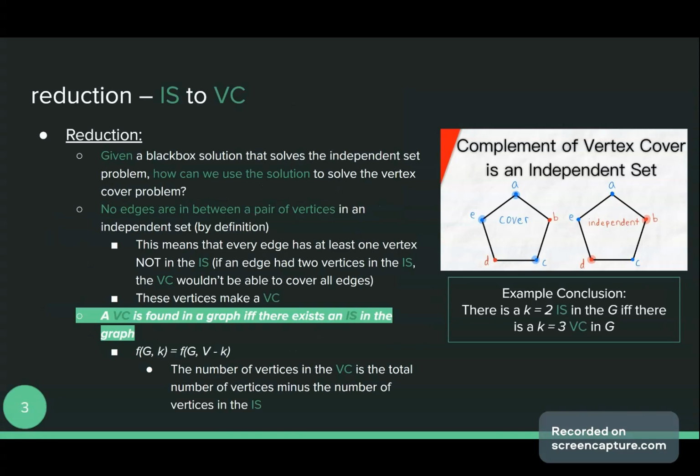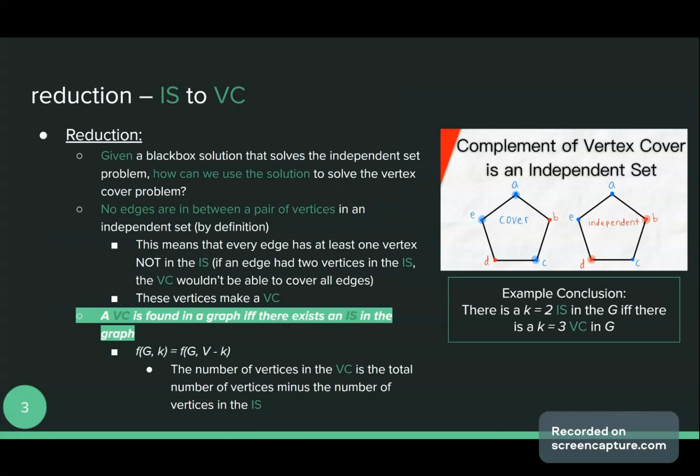If an edge had two vertices in the independent set, the vertex cover wouldn't be able to cover all edges, and this would be a contradiction in itself. And now, the vertices that are not in the independent set make up the vertex cover, and we can reach the conclusion that a vertex cover is found in a graph if and only if there exists an independent set in the graph.